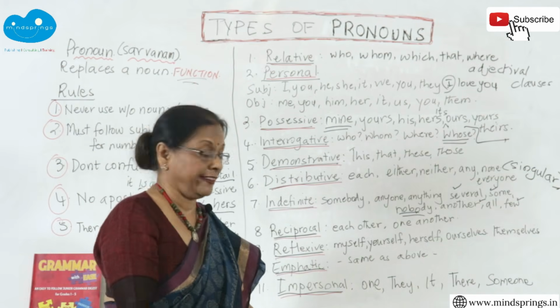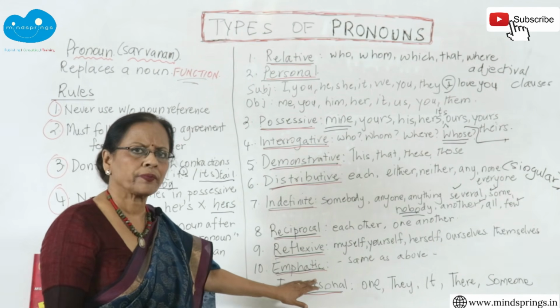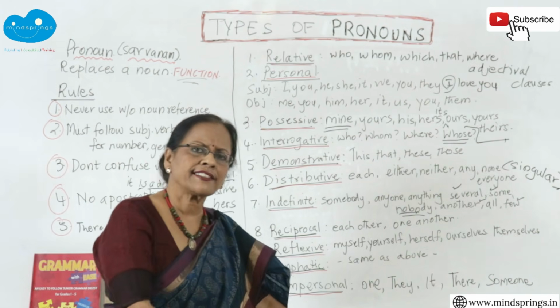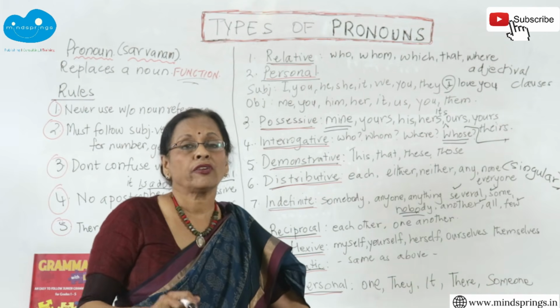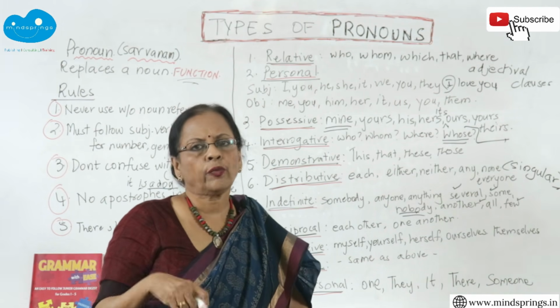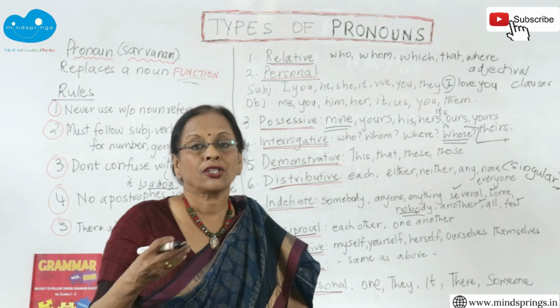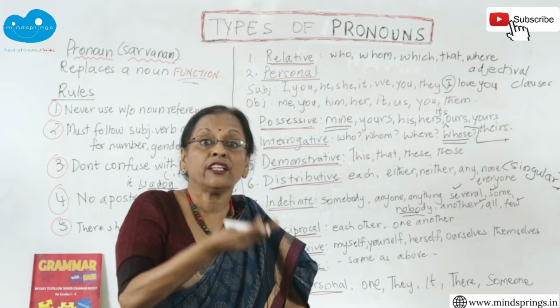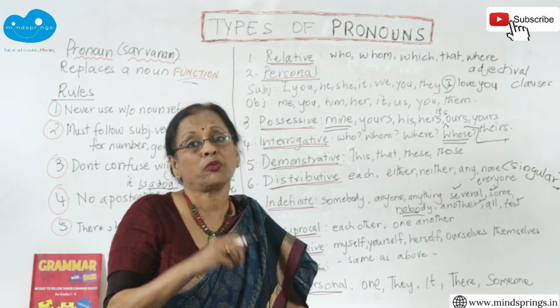On the other hand, the emphatic, lots of people get confused between these two. The emphatic is emphasizing. What is the meaning of emphasizing? Saying it once more. So if I say the queen herself came to my party, is the queen doing something to herself? No. The queen herself means the queen. I am emphasizing it. Oh my God, the queen came to my party.